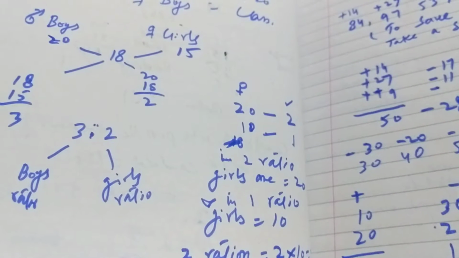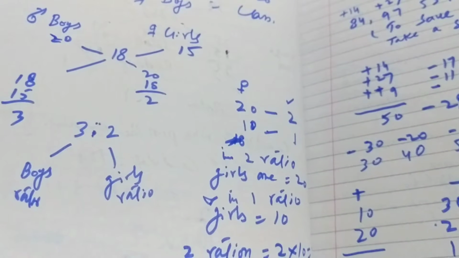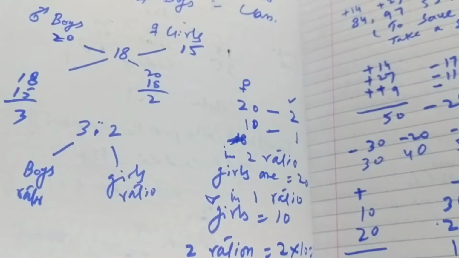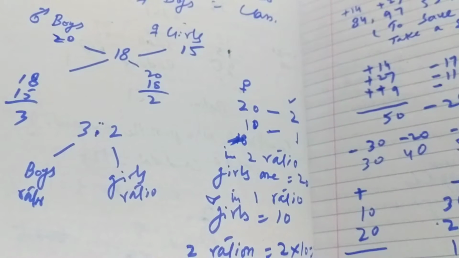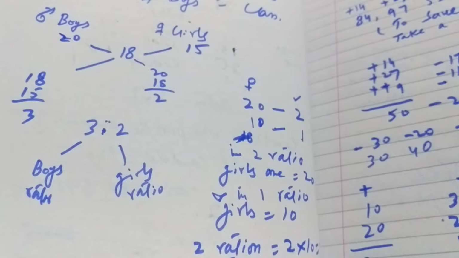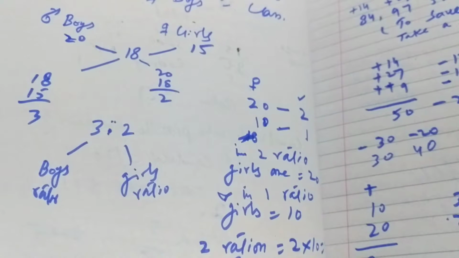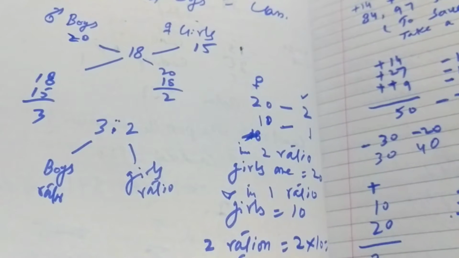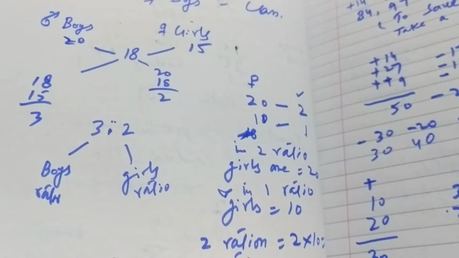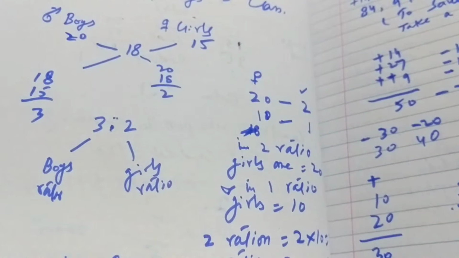Now the number of girls is 20 from two categories, meaning boys and girls collectively, the number of girls is 20. And in one category, in girls, the total girls are 10. Means in two ratio girls are 20 and in one ratio girls are 10.